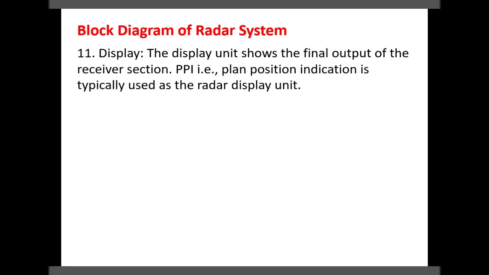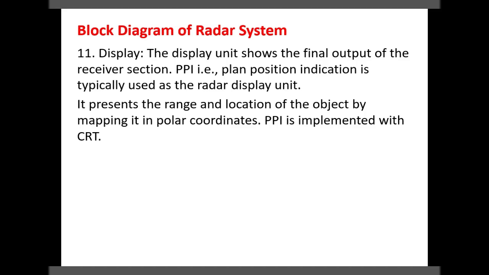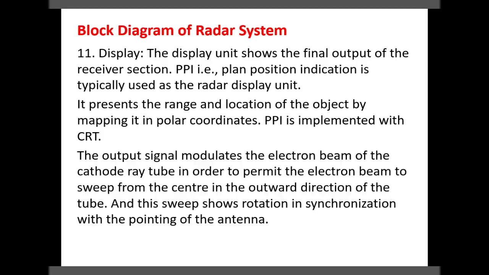Then next is the display. The display unit shows the final output of the receiver section. Generally, PPI, that is plan position indication, is typically used as a radar display unit. It presents the range and the location of an object by mapping it in polar coordinates. PPI is implemented with a CRT.